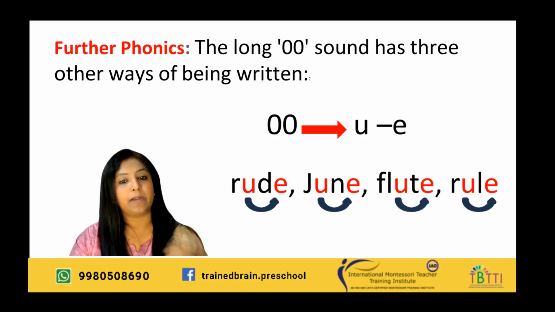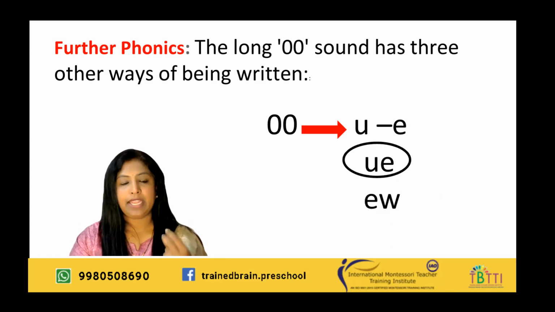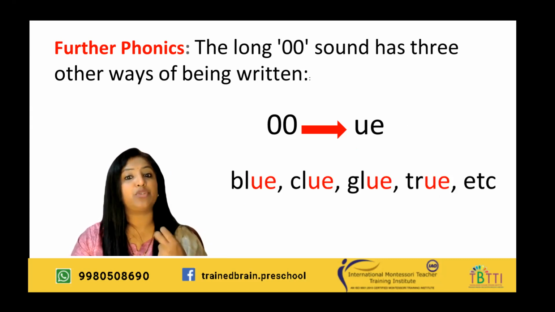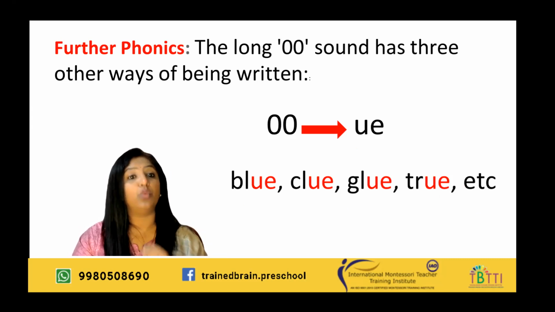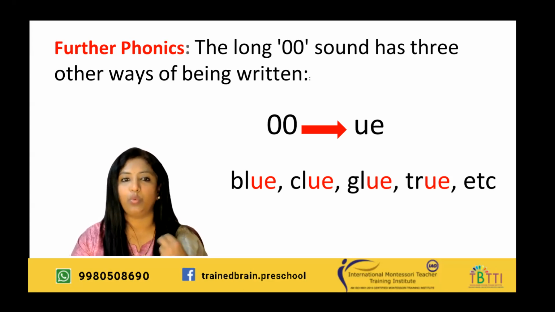So this is my long sound. What is the second thing? Can I have U and E together? When I have U and E together, they also make a long sound oo. Like blue, clue, glue, true. We are hearing oo. So UE can also make a long vowel sound oo.